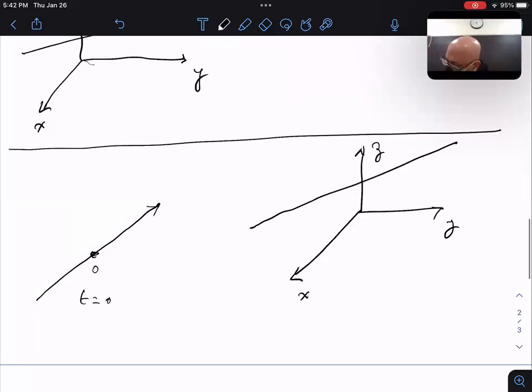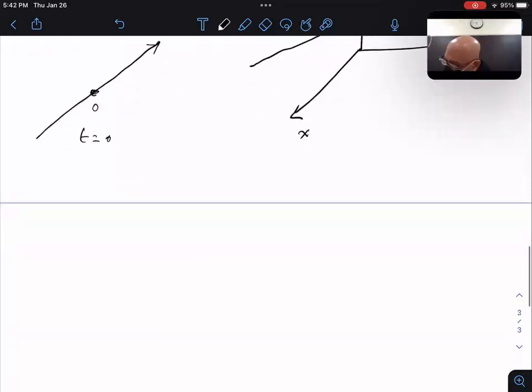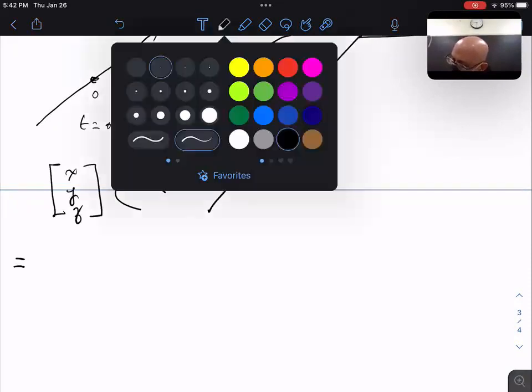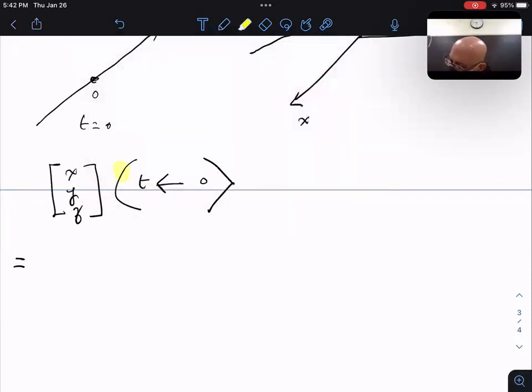Now, (x, y, z) is equal to the expression with t replaced with 0. Sorry, this is the wrong kind of bracket. Oh, this is the eraser. I have to have pointy brackets.